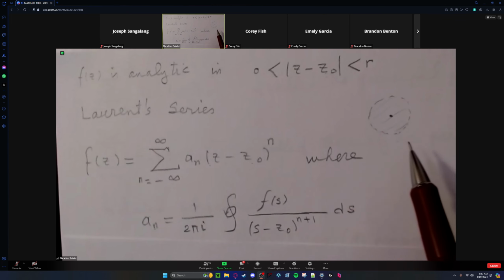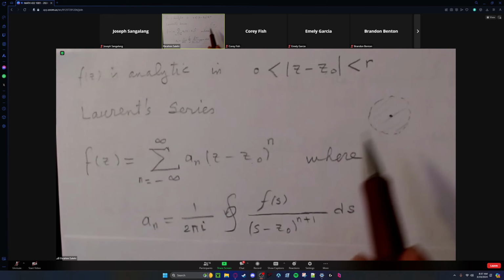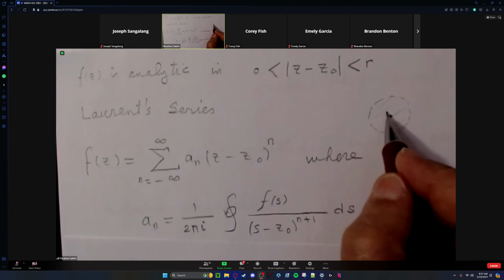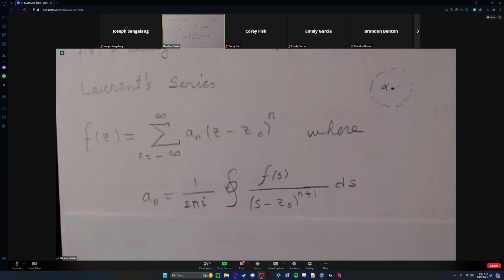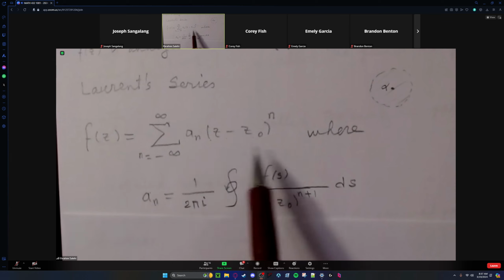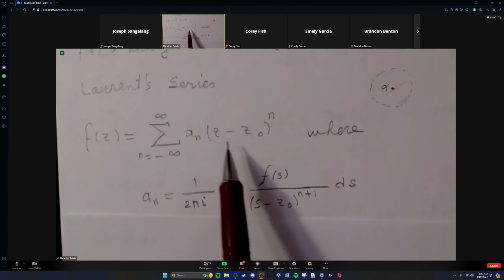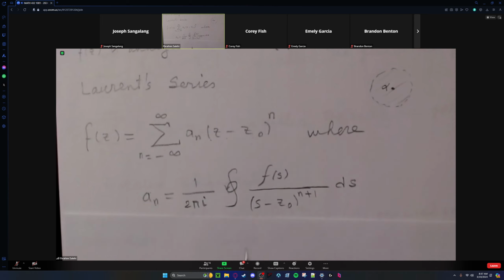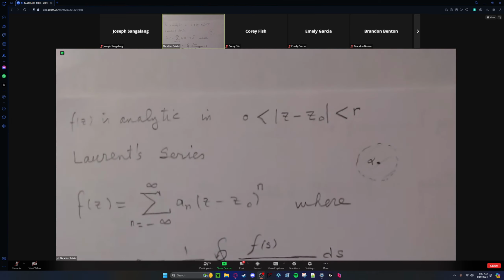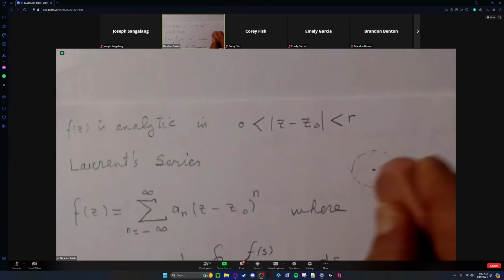In a Taylor series, the function is also good at this alpha, but in a Laurent series, the function is not good at this alpha. And we do have a series like this one, but in this case, we are going to have negative exponents of z minus that bad point. Maybe I should, instead of alpha this time, say z naught.